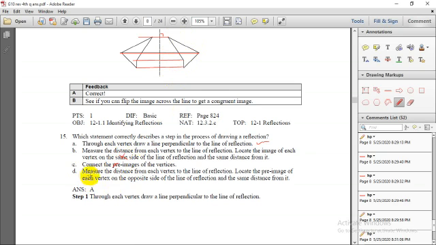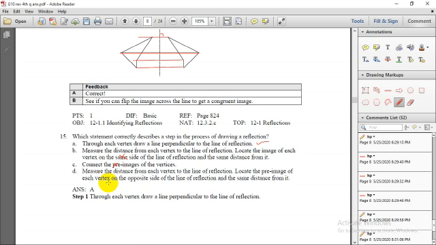Very good. Measure the distance from each vertex to the line of reflection. Locate the pre-image of each vertex on the opposite side of the reflection and the same distance from it. Are we going to do this? Measure the distance from each vertex to the line of reflection and locate the pre-image of each vertex.